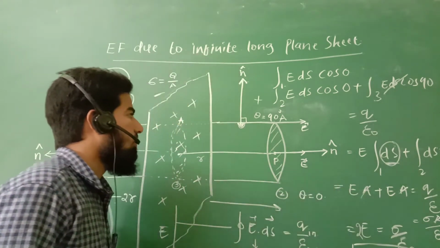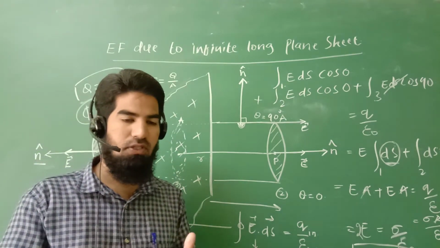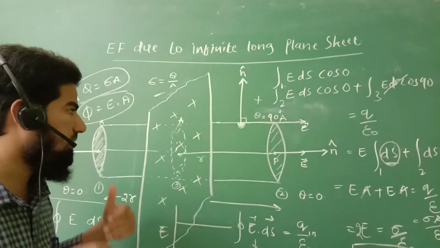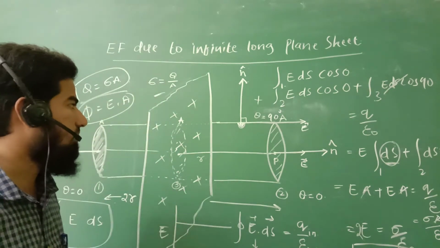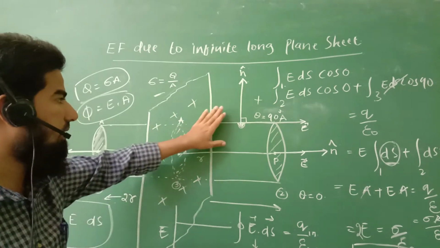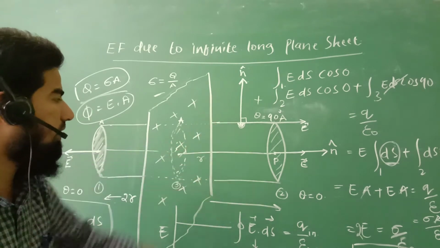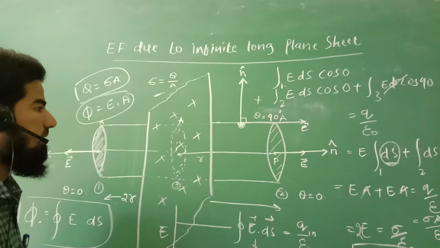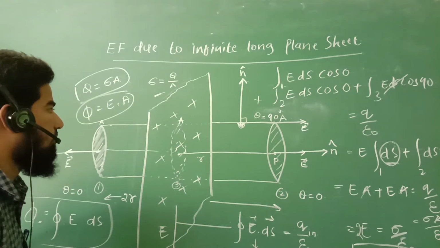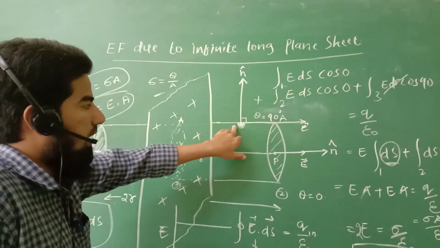Now in the third portion, the cylinder is a curved shape. So here we have to take the area vector. Consider an area element.